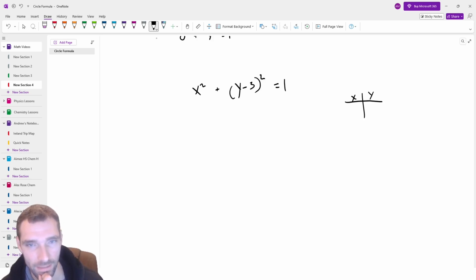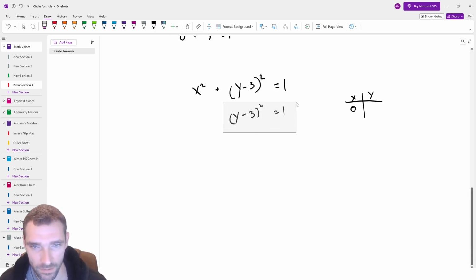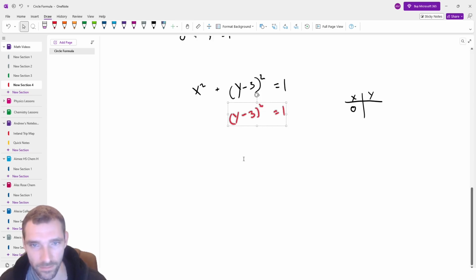So we can make x values of 0, and if x is 0, then that gets rid of that, and we're just left with y minus 3 squared equal to 1. Let's say that we're doing that. Let's do that in a slightly different color. Let's do that in a red.